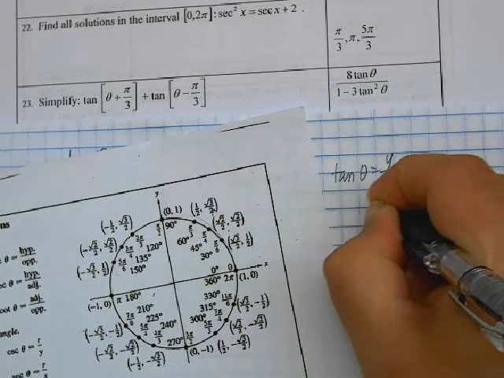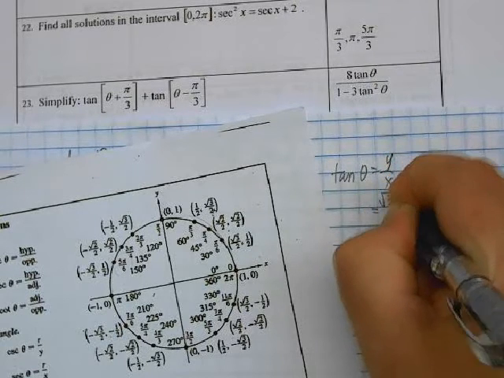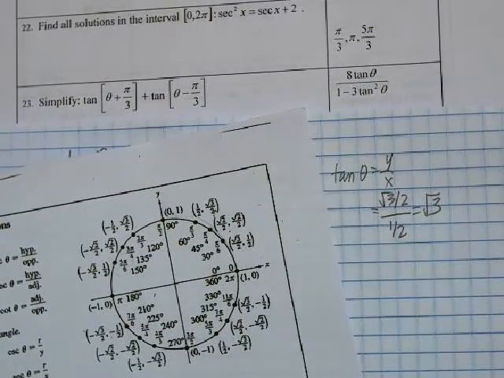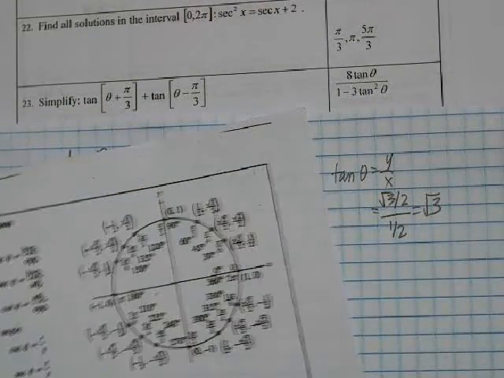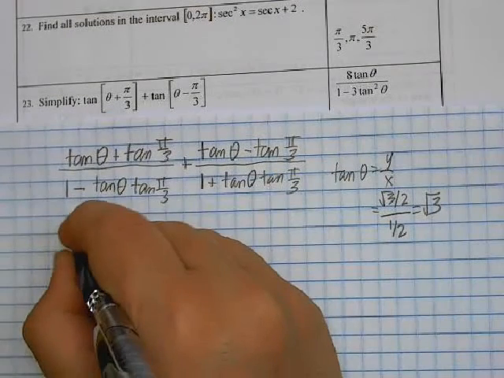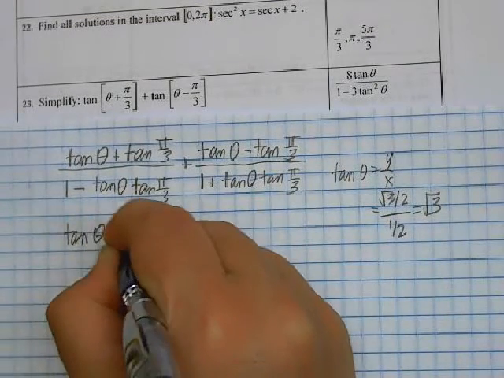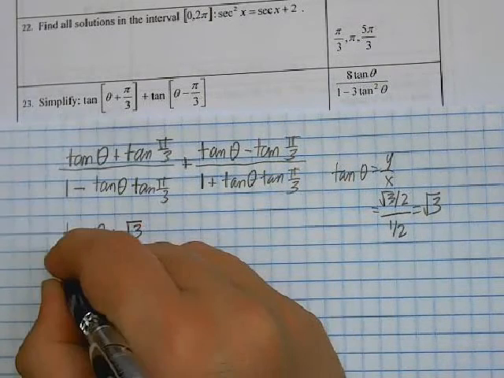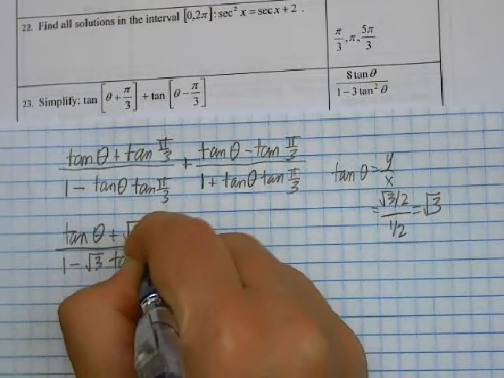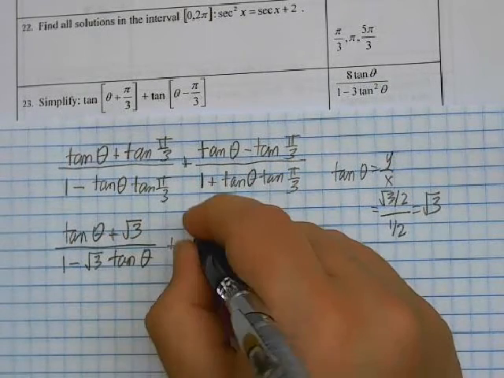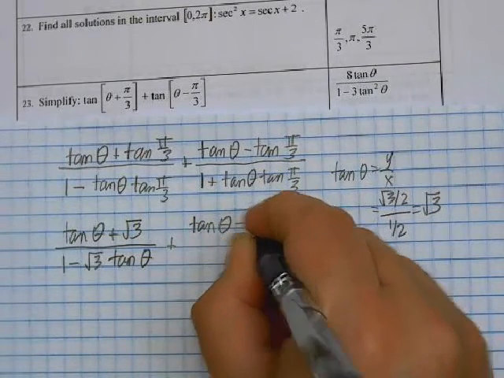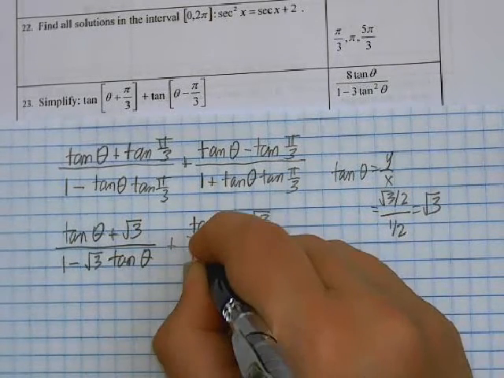So in this case, I get y, which is radical 3 over 2, divided by 1/2, which is just radical 3. So wherever I see tangent of pi over 3, I'm going to substitute radical 3.